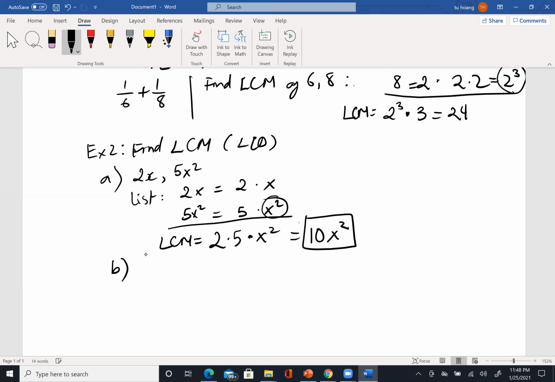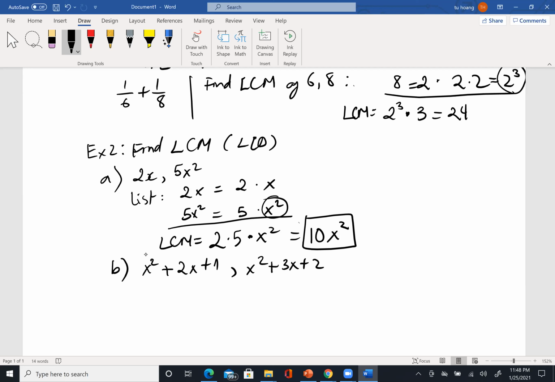Okay. Let's have another one. Let's do x squared plus 2x plus 1 and x squared plus 3x plus 2. For these two, they are trinomials, right?